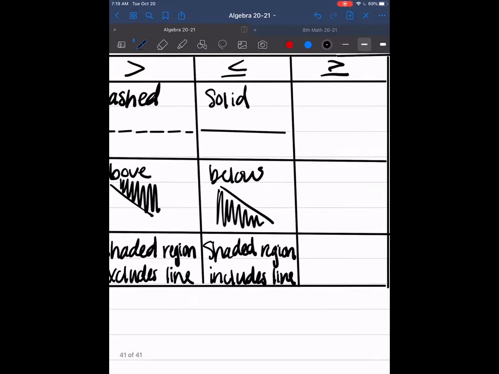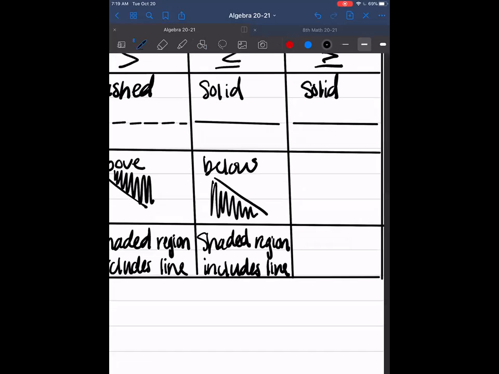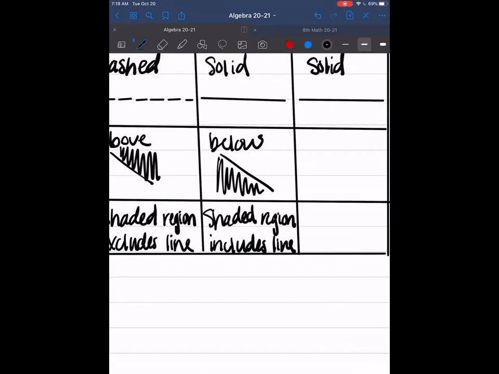So that leaves us with greater than or equal to. That's going to be a solid line again. And it's going to be above the line. So if I had a line here, then we would shade above the line, and it's the shaded region.